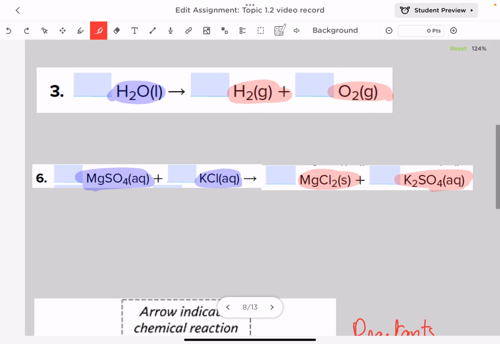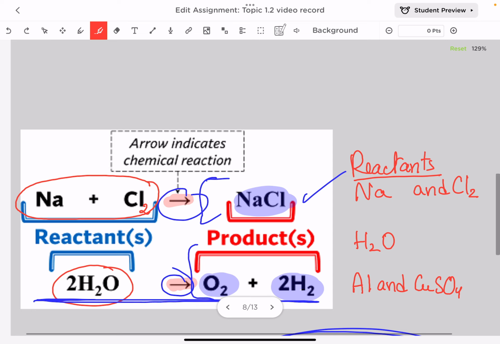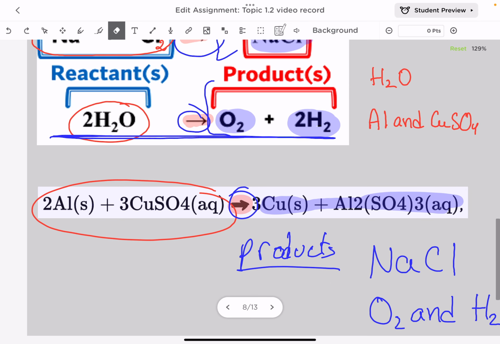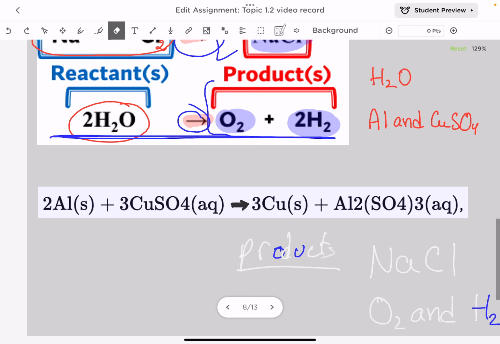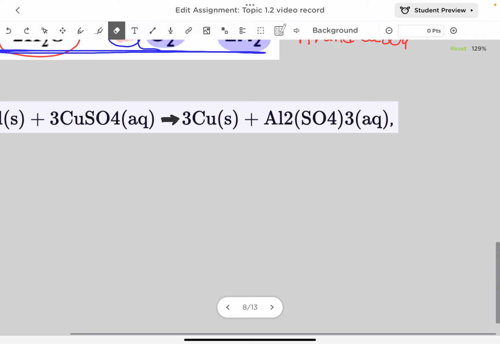Now, one more thing I am going to mention in this video tutorial is the physical states of reactants and products. So let's begin with this example. What are the physical states of these given reactants and products? Let's focus on the symbols written in parentheses.